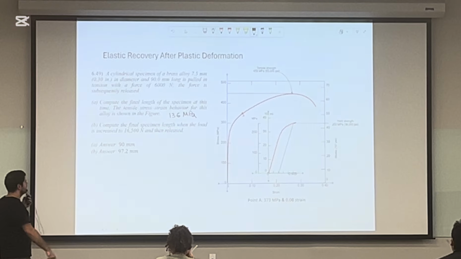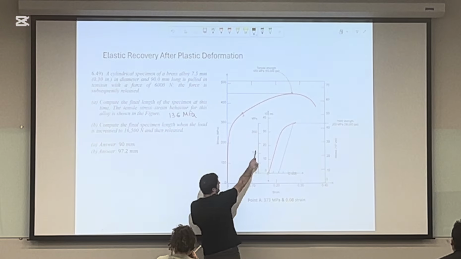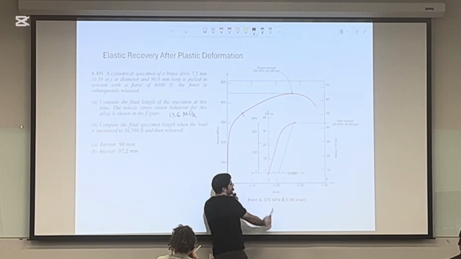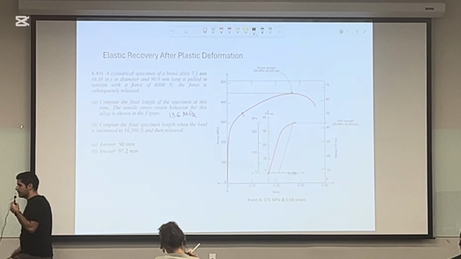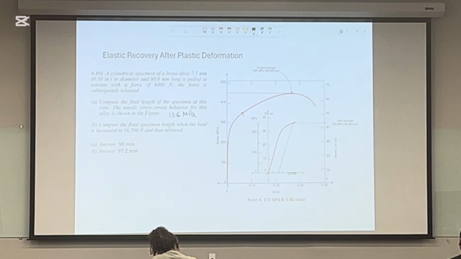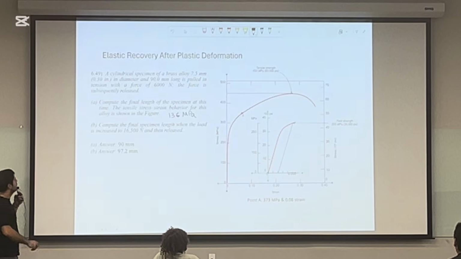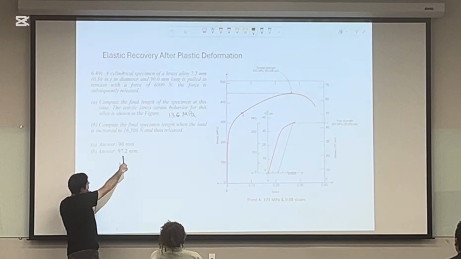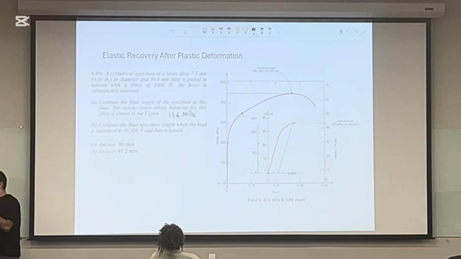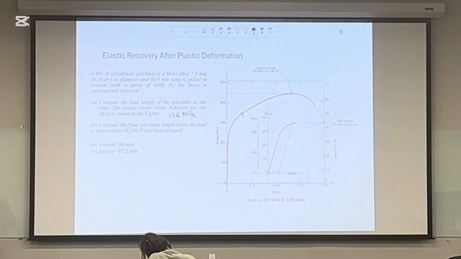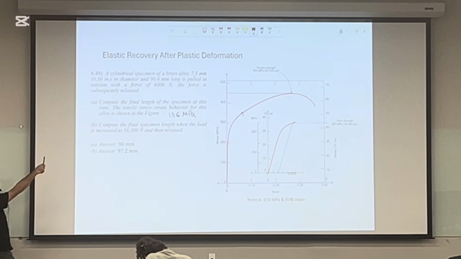So 136, somewhere around here, is in the elastic region, which means if the force is released, there is no plastic deformation, which means there is no change in the length. So the final length is going to be the same as the initial length, 90 millimeter.